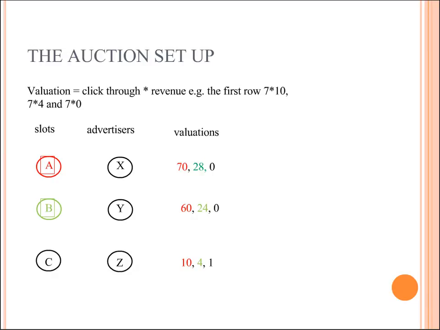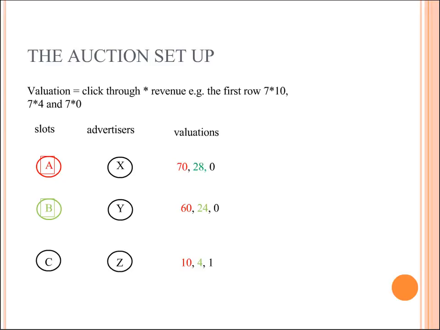On this third picture, I have removed the number of the click-through rate from the first column, and I have multiplied it with the revenue. So 7 times 10, 7 times 4, and 7 times 0. That is how you get this first row, 70, 28, and 0.